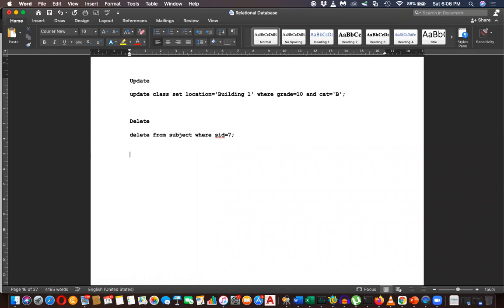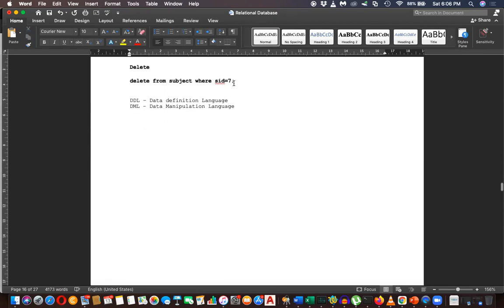The first one is data definition language, and the second one is DML, data manipulation language. So we discussed two things already.